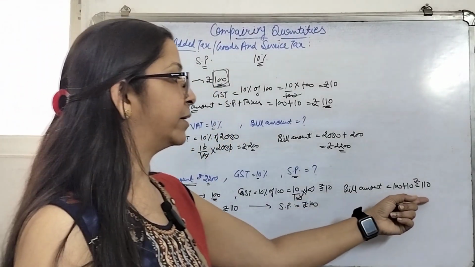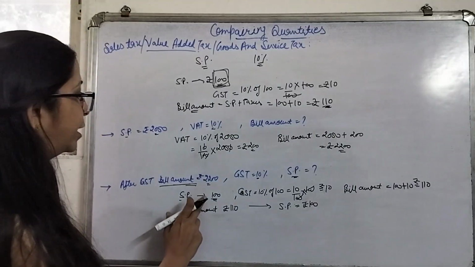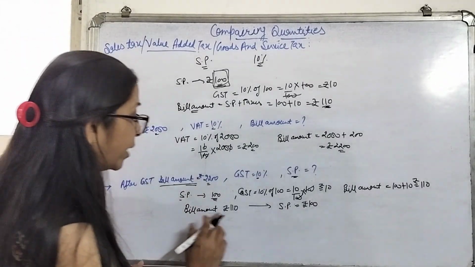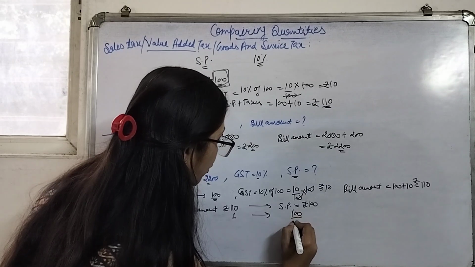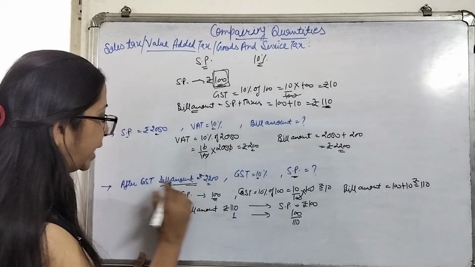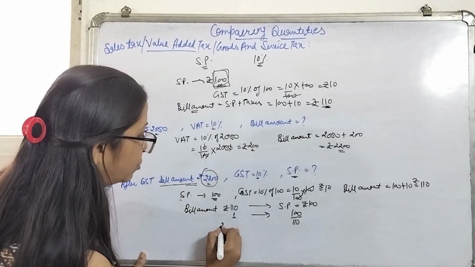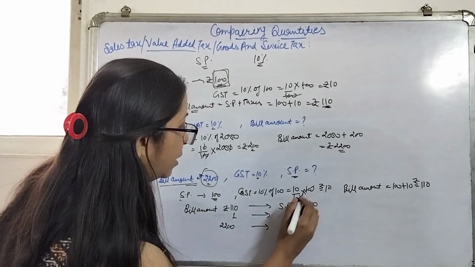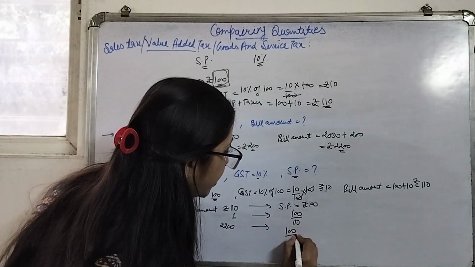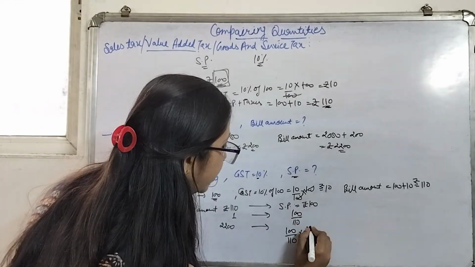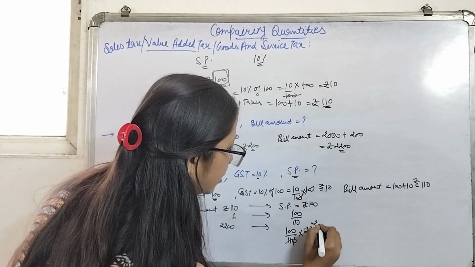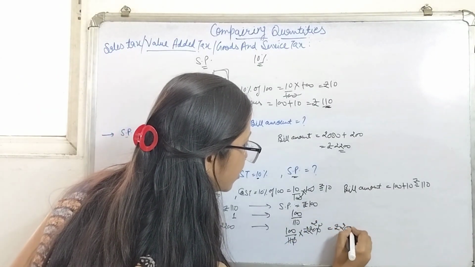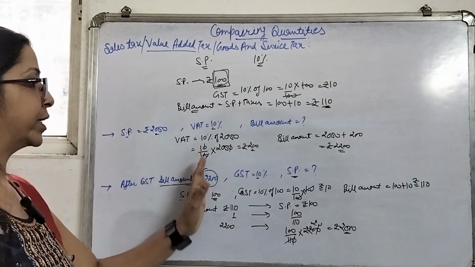If bill amount is rupees 1, selling price was 100 over 110 rupees. And if bill amount is 2200 rupees, then the selling price will be 100 over 110 multiplied by 2200, that is rupees 2000. So this is how we can solve it.